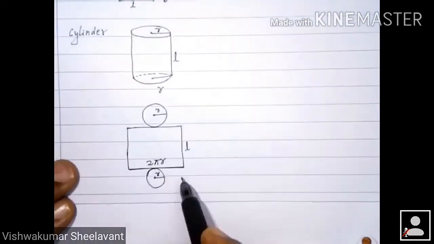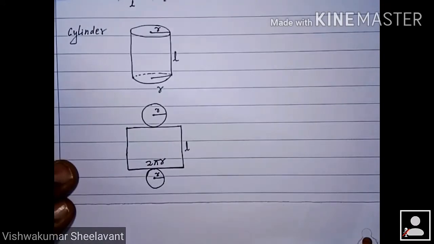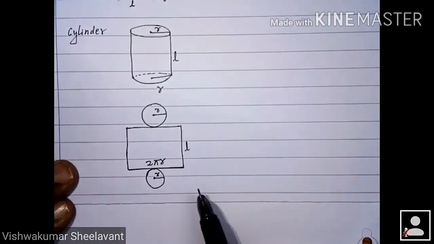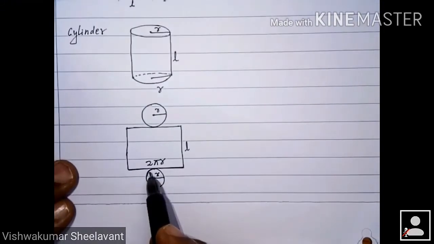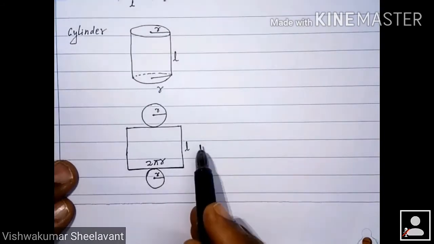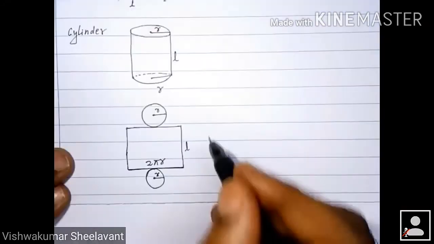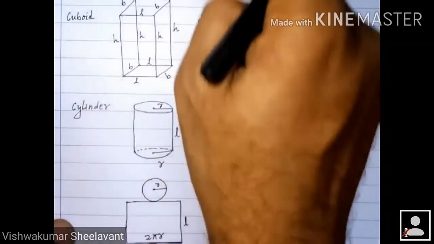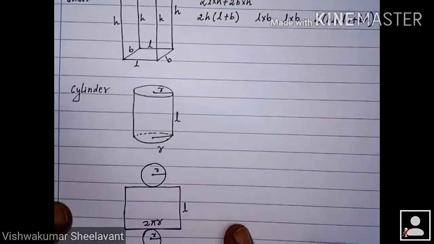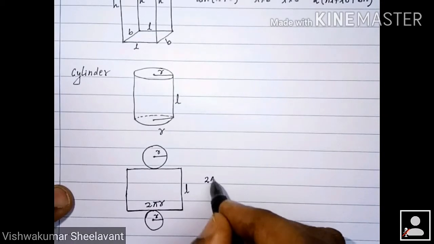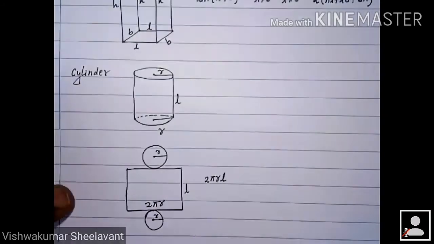Since the curved surface area when cut open looks like a rectangle, the area of this CSA can be calculated as length into breadth, that is 2 pi RL. So in the column of CSA I will write 2 pi RL.